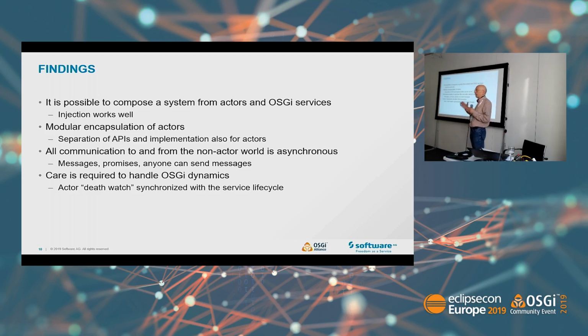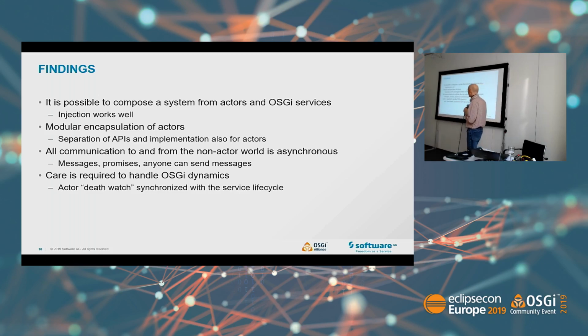You would always wrap it into a future, into a promise, and make sure that it doesn't block you. When the non-actor part of the system wants to communicate with the actors, it's just done by messages, and the other way around is done by synchronous calls wrapped into these futures.